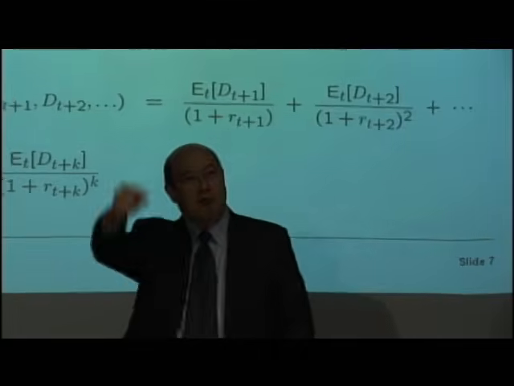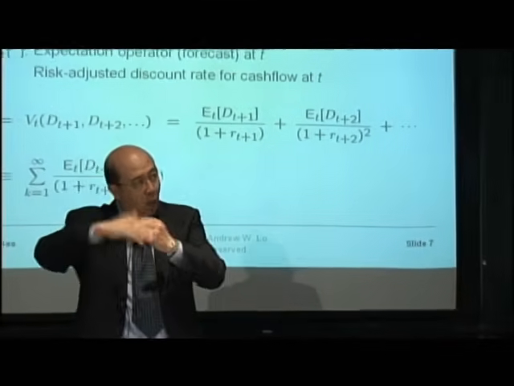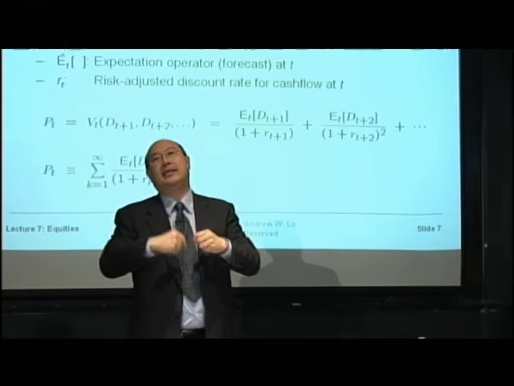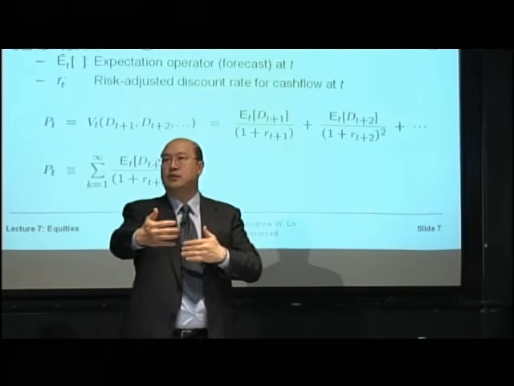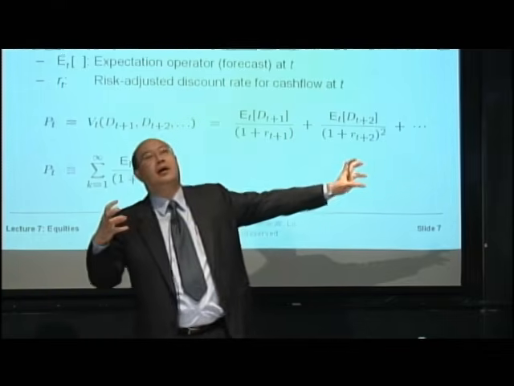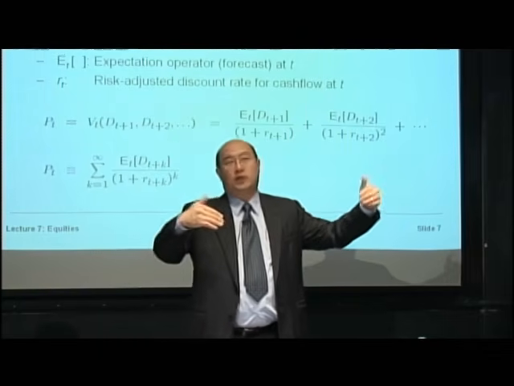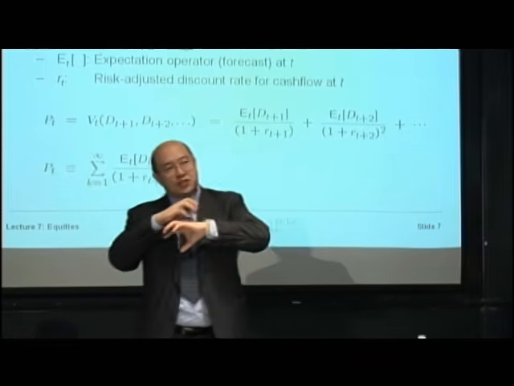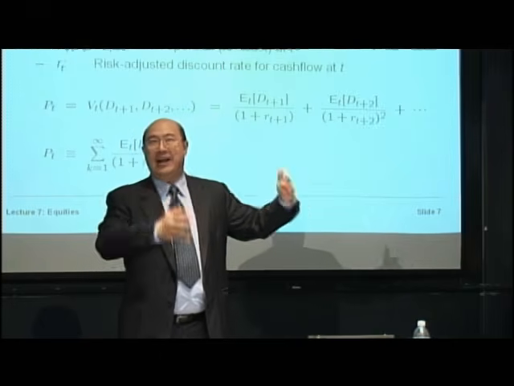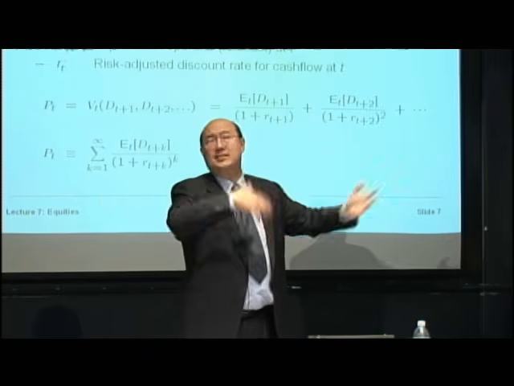In other words, tomorrow's discount rate for a one-year cash flow may be different than today's discount rate for a one-year cash flow, right? So I can have a whole string of discount rates for today and a completely different string of discount rates for tomorrow. And for every day in the future, these things change all the time.